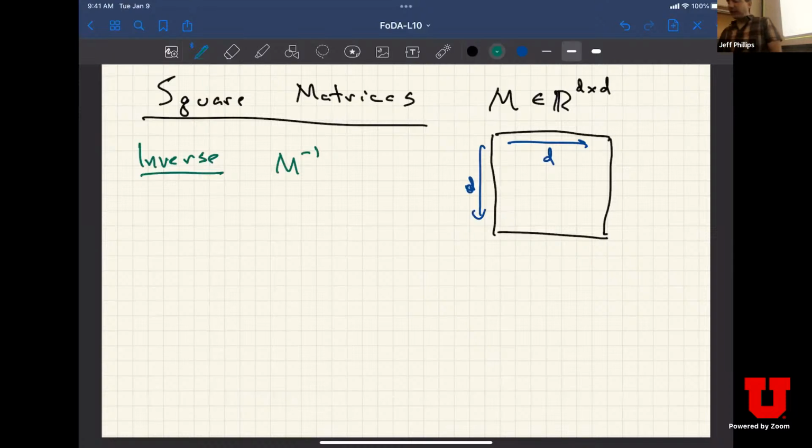The idea is that if instead I had a scalar alpha, then alpha to the -1 is equal to 1 divided by alpha. So what am I doing here? I'm doing division by a scalar. The inverse of a matrix is what you want to do if you're dividing by a matrix.